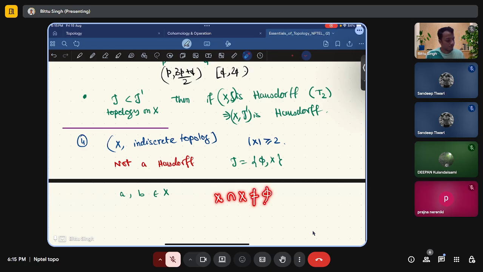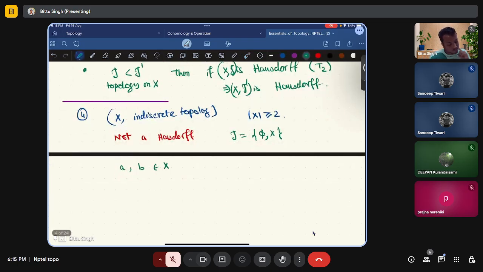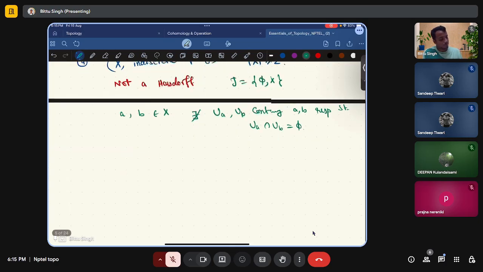Therefore, this is not Hausdorff. There do not exist any U_A, U_B containing A, B respectively such that U_A intersection U_B is empty. There is no such U_A and U_B.